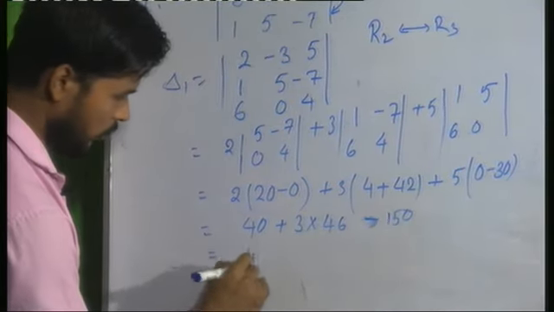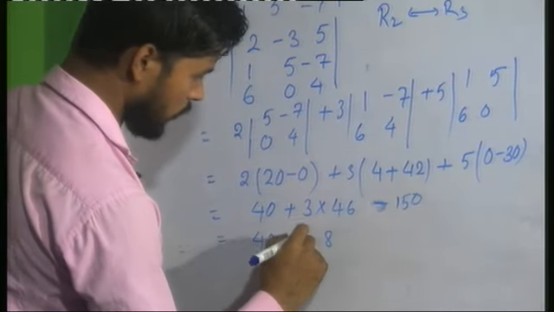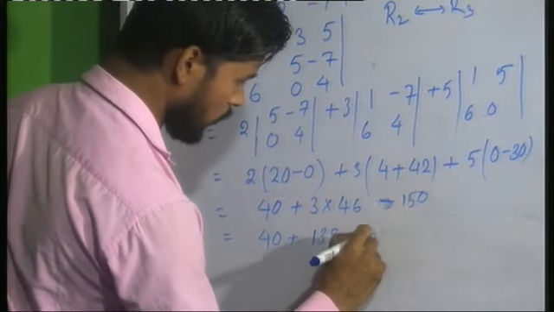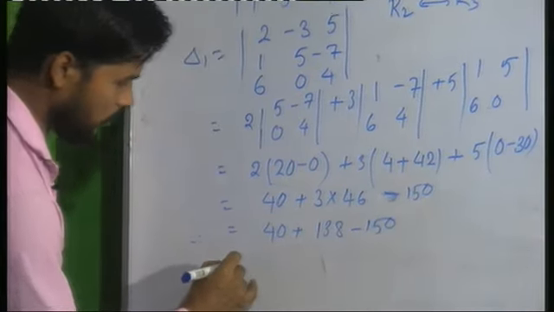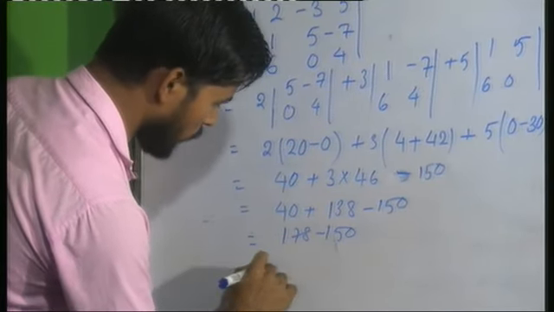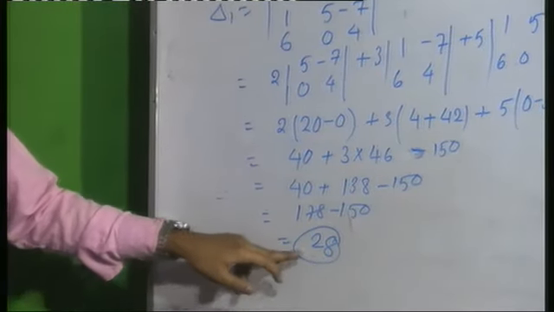So that is equal to 40 plus 3 6s are 18, 1 carry 3, 4s are 12, 13, minus 150, and that is equal to 178 minus 150, and that is equal to 28.